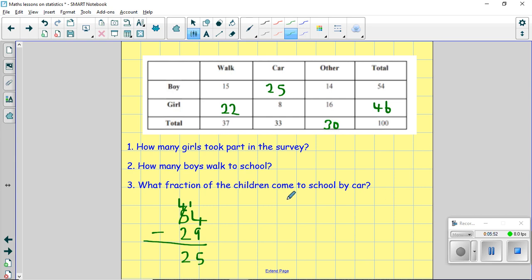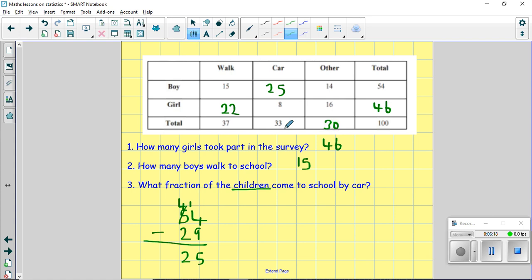How many girls took part in the survey? Girls, total 46. So we're interpreting the information, we're answering the questions. Number 2, how many boys walk to school? Boys walk 15. Number 3, what fraction of the children come to school by car? Let's have a look. So it's asking for children, not boys or girls.